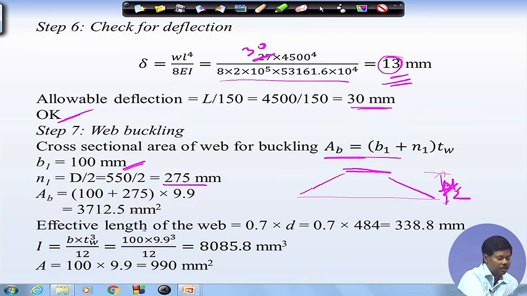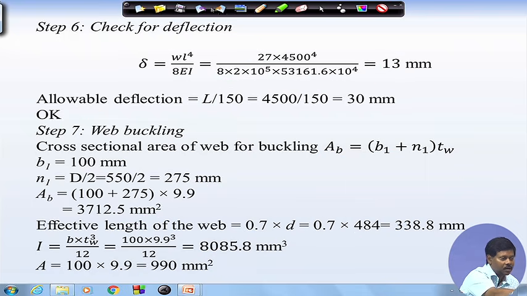So, N1 is d by 2, which is 275. So, the area of the web for buckling we could calculate, and the effective length of the web is 0.7 d, where d was calculated earlier. So, we can find out the I value and A value.